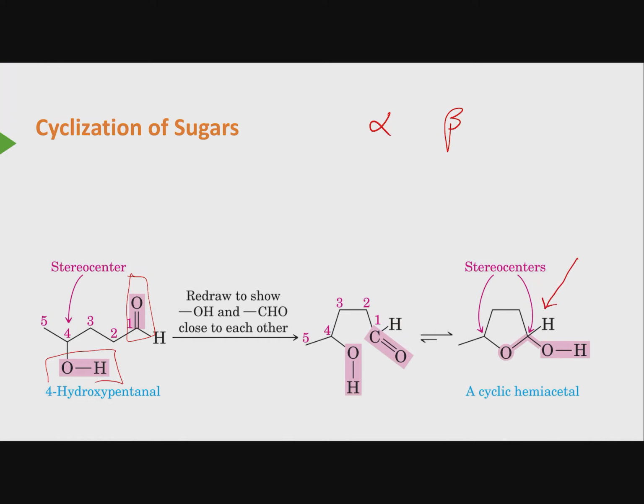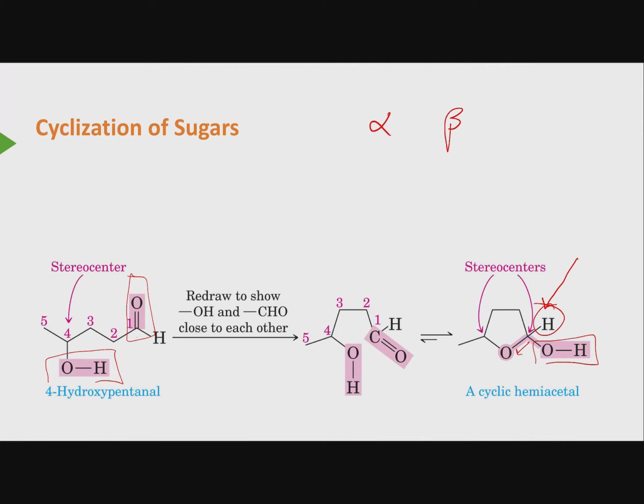Now, a hemiacetal is what we're looking at right here. A hemiacetal has a hydroxyl group. It's still connected to an oxygen. The difference is that when we get a full acetal, there won't be a hydrogen anymore. So that's how you differentiate a hemiacetal from an acetal. Now, the reason I'm even talking about acetals is because when we form disaccharides and polysaccharides, this will be the acetal formation.